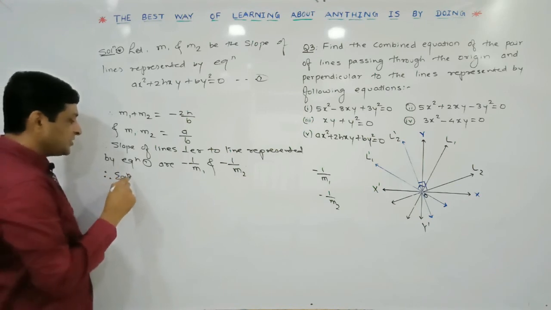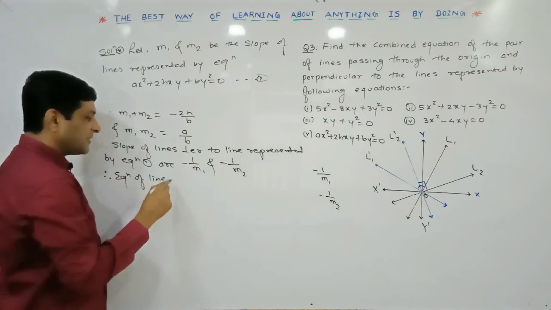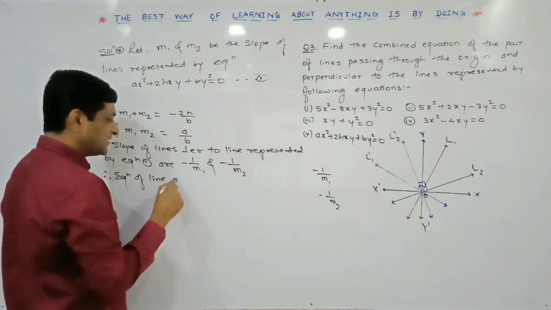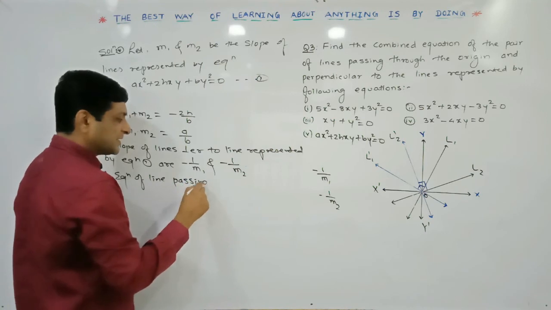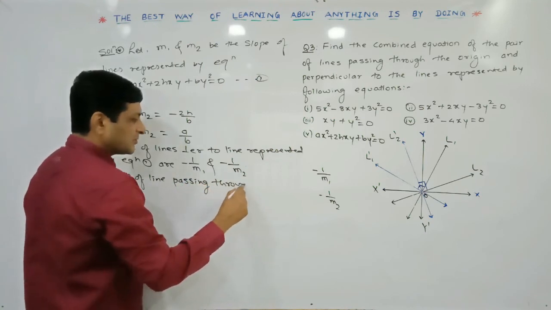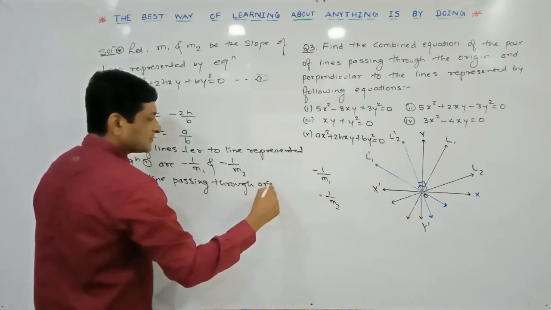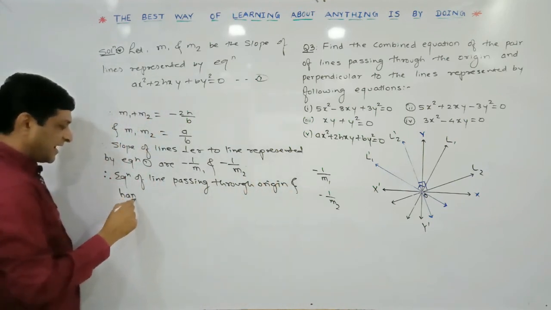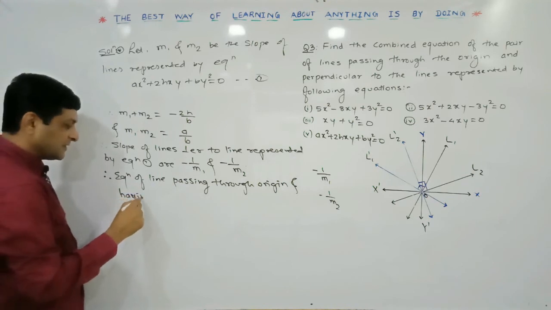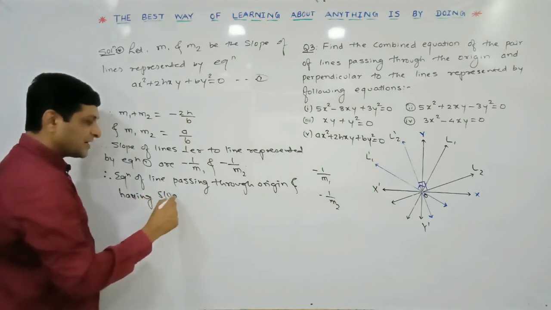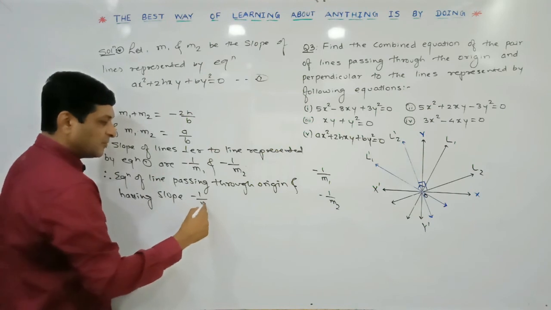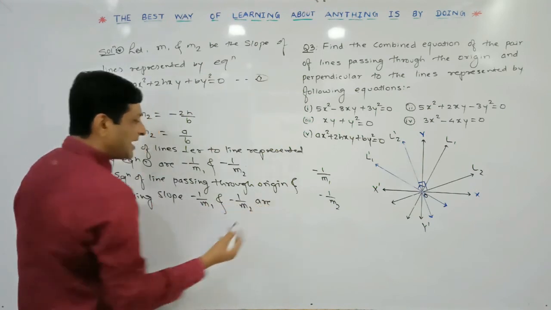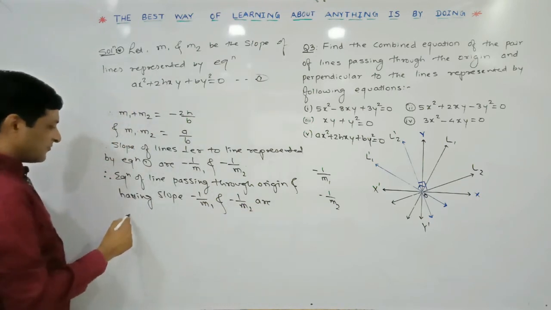Our required lines pass through the origin. So the equation of a line passing through the origin and having slopes minus 1 upon m1 and minus 1 upon m2 is as follows.